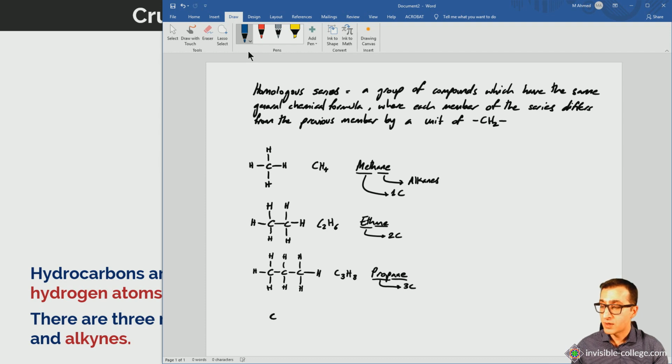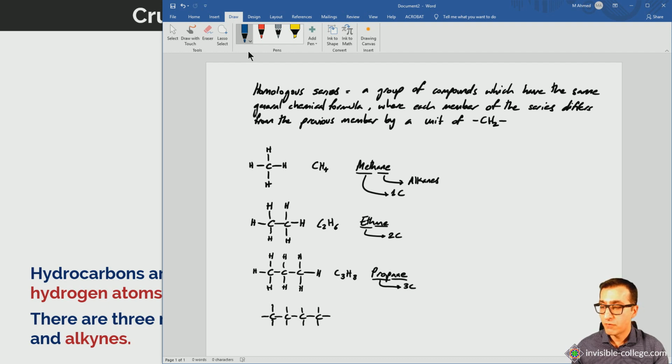If we look at the next member of the homologous series, we have 4 carbons, and the remaining bonds again are to hydrogens. And I'm not going to draw all the hydrogens in place, although in an exam, if you were to draw the displayed formula, you must show all of the atoms and all of the bonds. I'm not going to draw them just for the sake of time here.